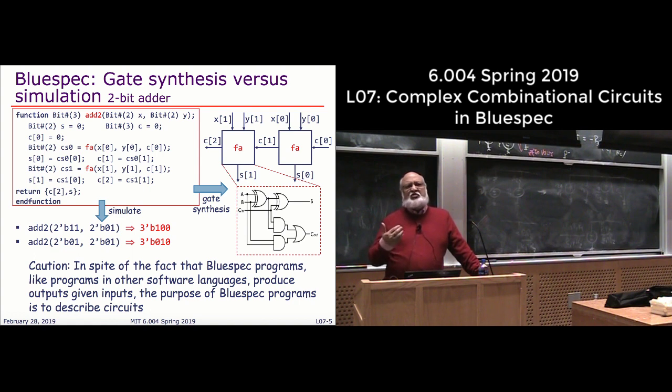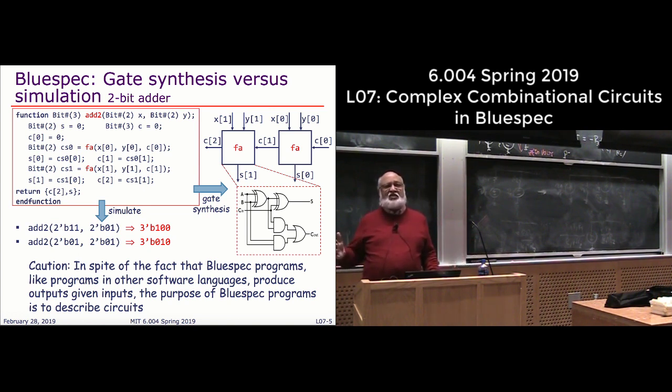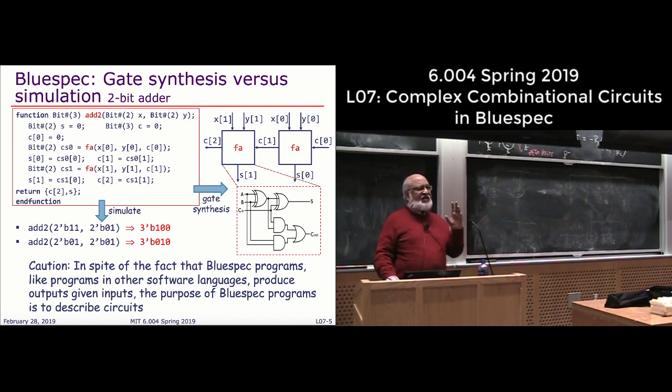Because if it was just input-output behavior, we could have done it in Python, C, or the software language of your choice. This is a hardware language, and we are extremely interested in understanding what hardware will be generated. So you have to make sure at every stage of the game you know what hardware is going to be represented by this thing.